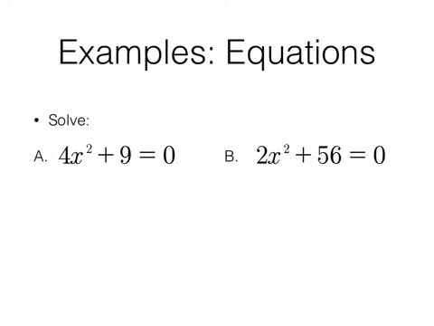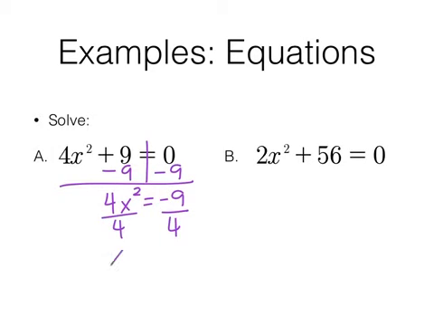How about we subtract 9 from each side? Minus 9, minus 9. 4x squared equals negative 9, divide by 4, divide by 4. x squared equals negative 9 over 4, which I can square root. And what we know about taking the square root of both sides is that we actually have to put a plus or minus in front of our answer.